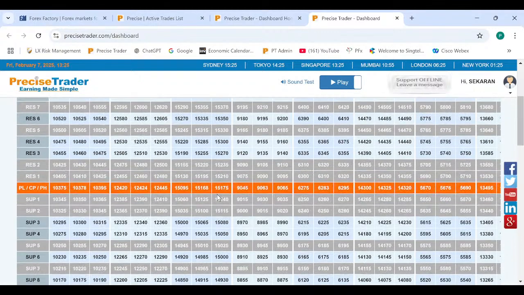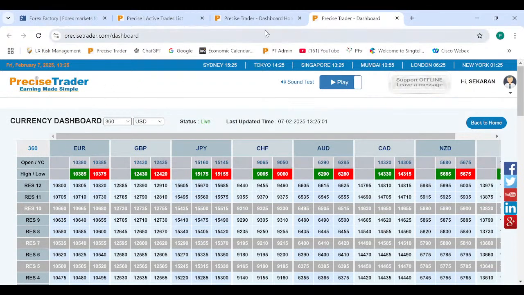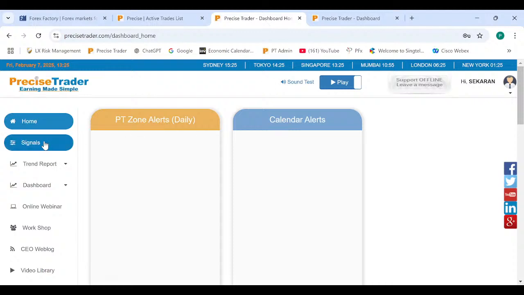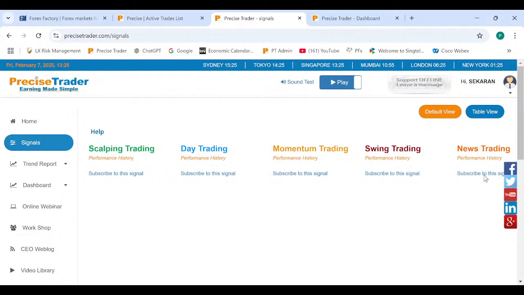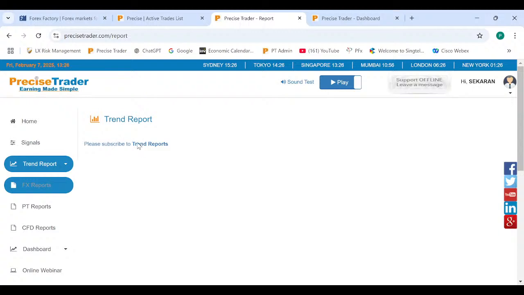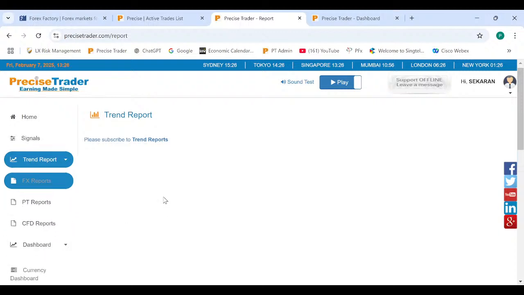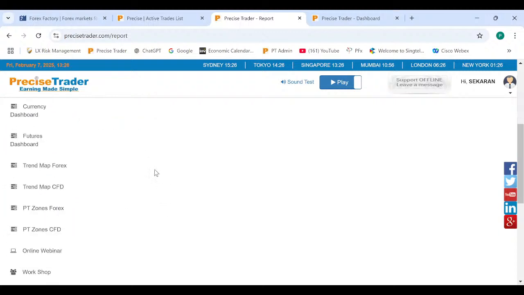Okay, I just want to share with you. It's got an alert, the signals, whatever signals we are generating. Okay, I think mine is not turned on. All the signals you can see live. Then we have a trend report. This tells you the trend. Also, I think I have to, because at the beginning of the year I haven't initiated this thing. So there is a lot of things available in the website for you to play around.